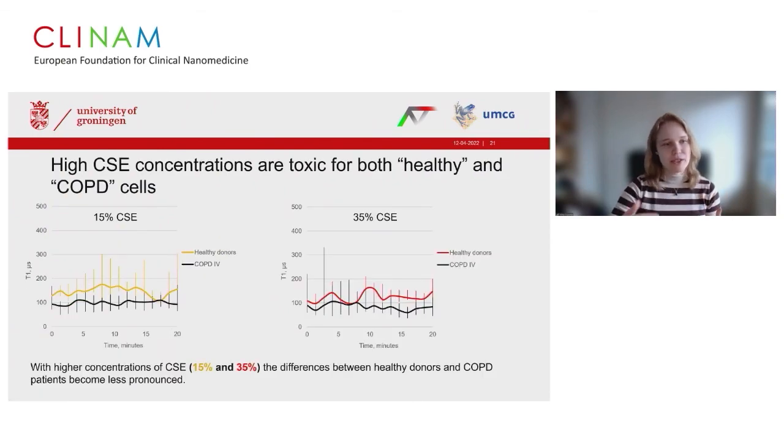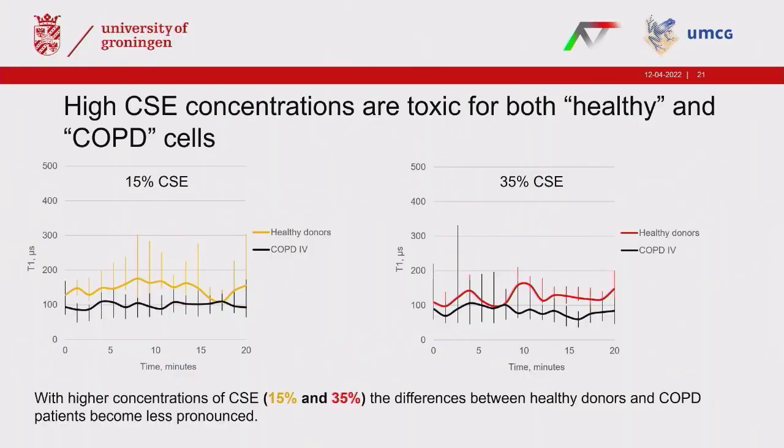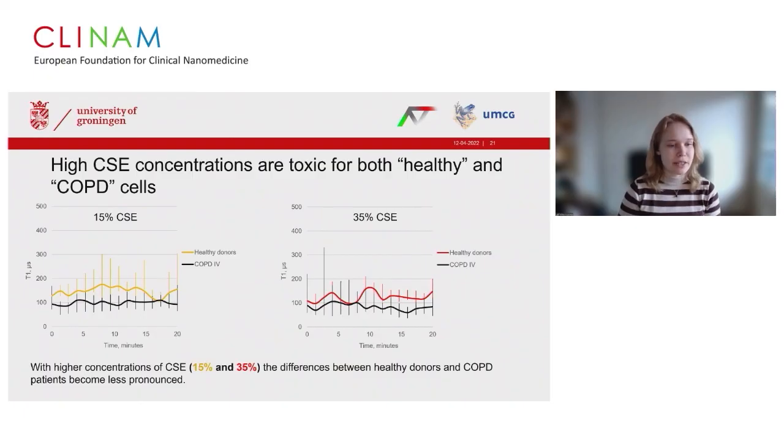Then if we keep increasing the cigarette smoke extract concentration, these differences become less obvious. So we see that the health status of the donor indeed affects the response of the cells to the external stressor. And we can see it very nicely and at the same time very quickly with our technology.